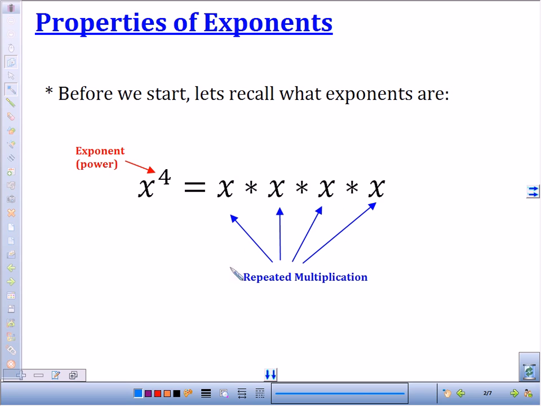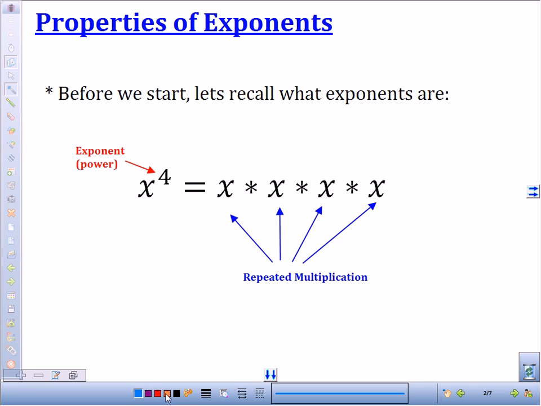So I have this repeated multiplication of these 4 x's. That's x to the 4th. Now everything that we learn about exponents will come back to the idea that x to some power is that many x's being multiplied together.